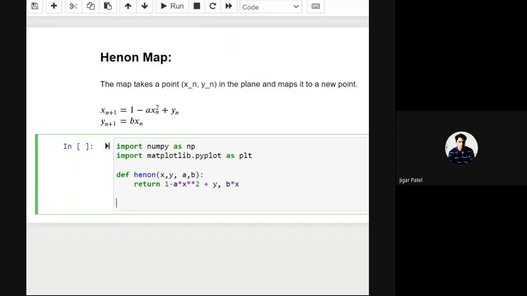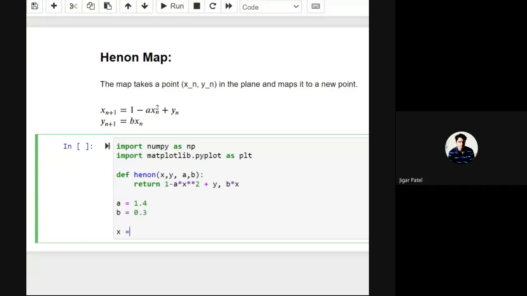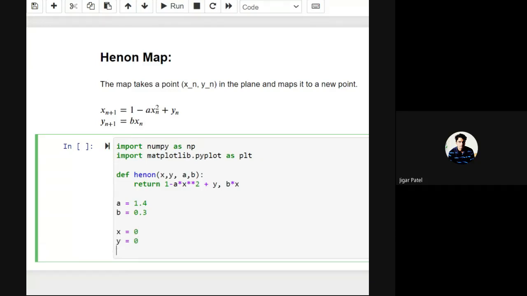Let's just say that we have this initial condition that a is equal to 1.4 and b is equal to 0.3, and then we go with the initial condition of x is equal to 0, and the initial condition of y is equal to 0, and then we make two lists.